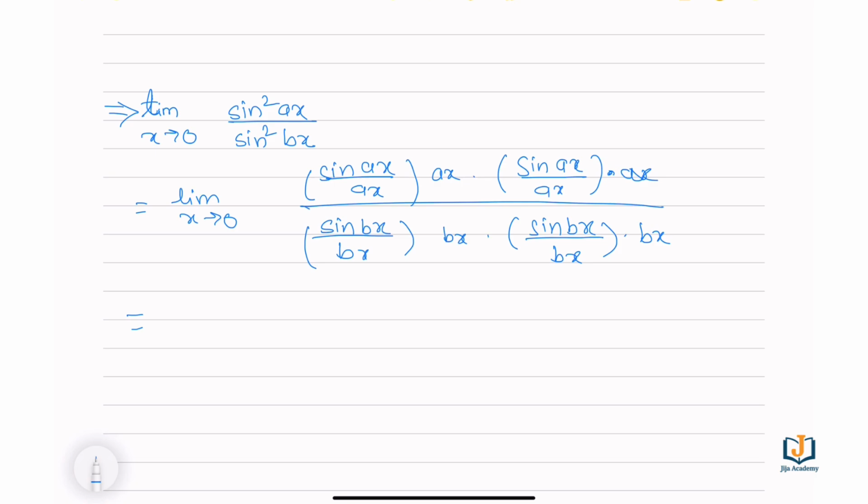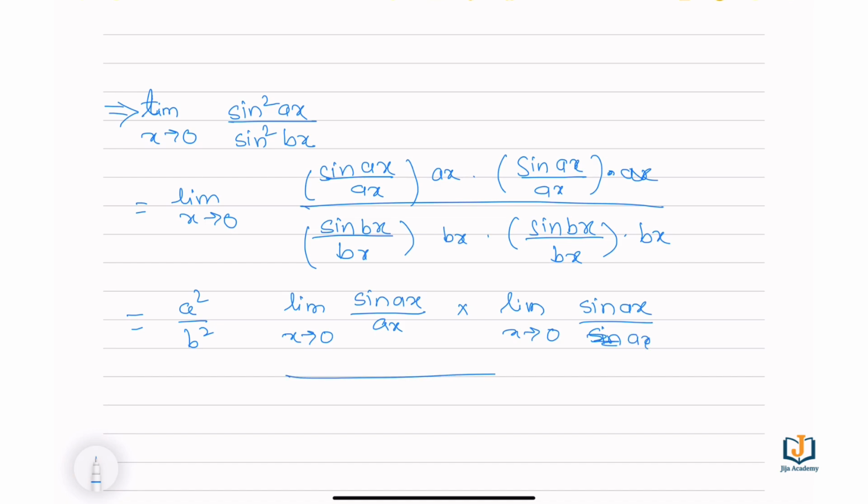So we get here a square upon b square, limit sin ax upon ax, into limit x tends to 0 sin ax upon ax, divided by limit x tends to 0 sin bx upon bx into limit x tends to 0 sin bx upon bx.